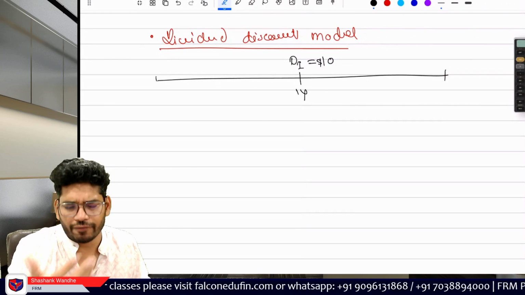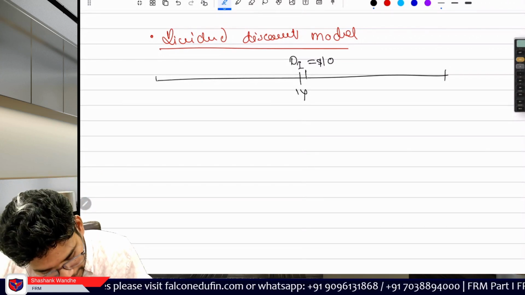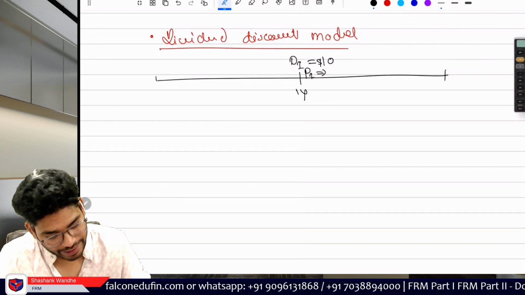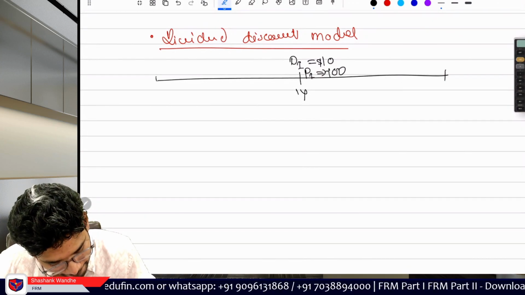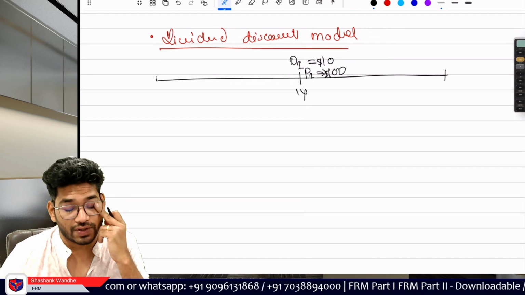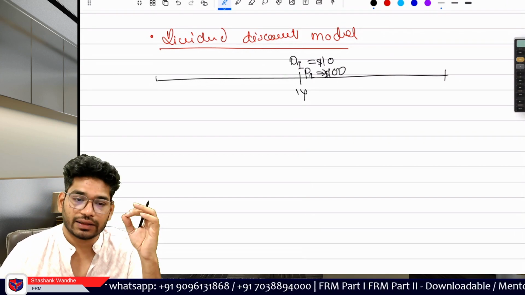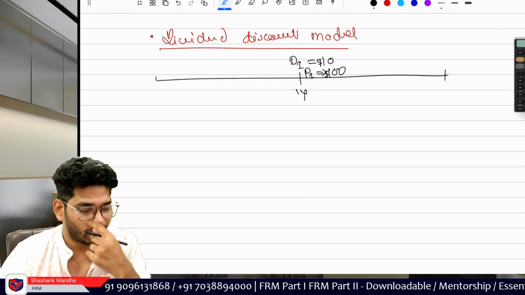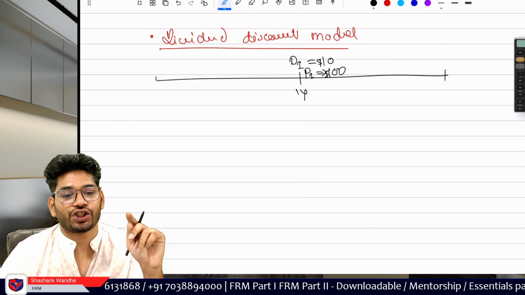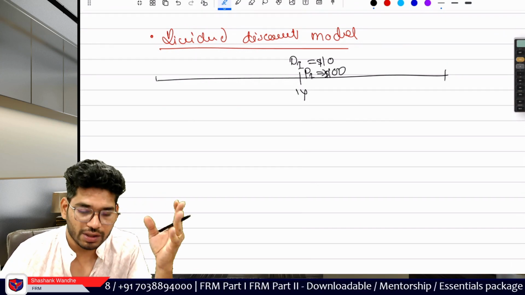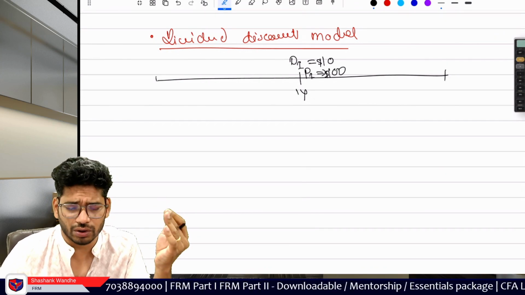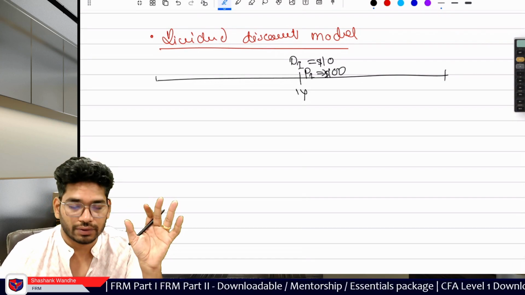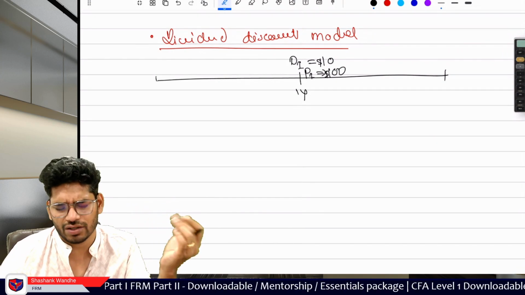And we are certain that you will be able to sell the share at 100. Now two things are there. First, you will get the dividend of $10 at the end of 1 year, and at the same time, on this day at the end of 1 year, the share price will be 100. So you'll be able to sell this share at 100. You sell it, don't sell it, it's your choice, but we know for sure that the share price will be at 100. Okay, based on our estimate.